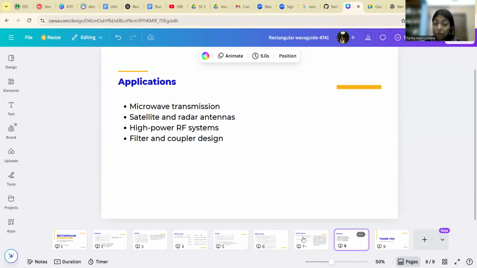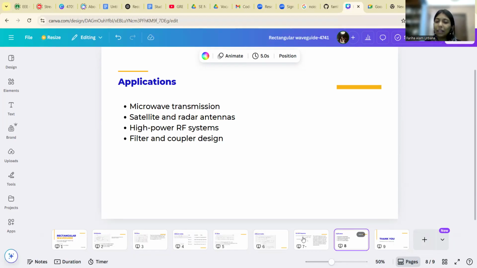So in the communication sector, obviously, this waveguide is of great use. They are very essential for point-to-point communication systems. That is a major characteristic that needs to be considered. It is also used in antenna feed systems. Waveguides serve as effective transmission lines between transmitter and receiver.